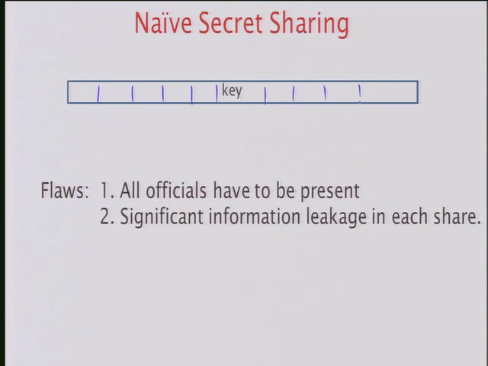There's a second flaw in the solution, which is, what happens if 3 of these officials go rogue? You've divided up the key into 5 parts, and you've handed over one share to each official, but now 3 went rogue. They still don't have enough information, but they have partial information.